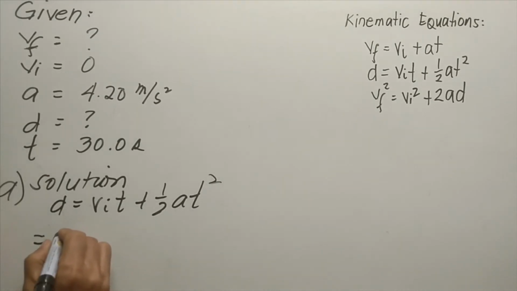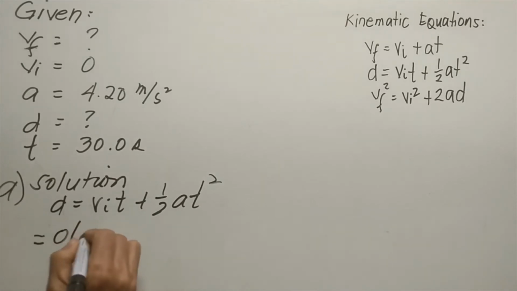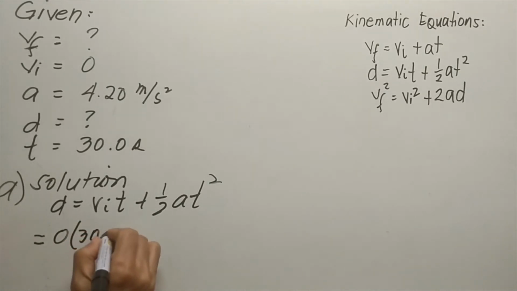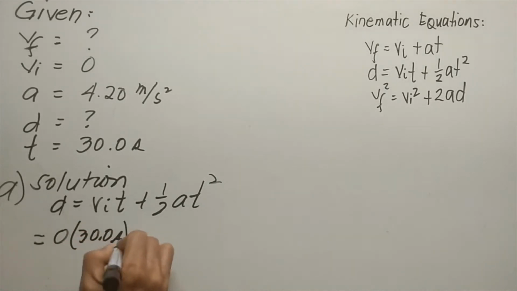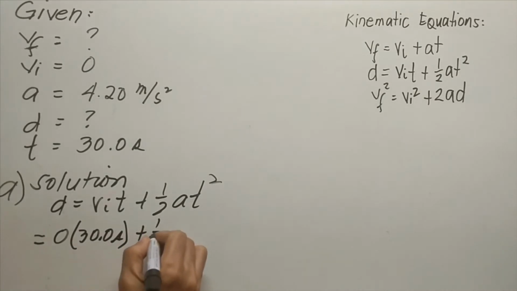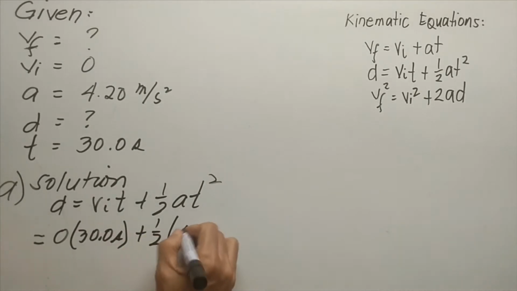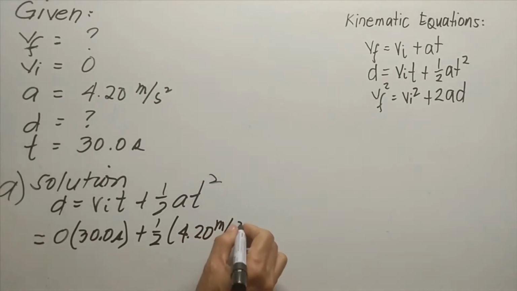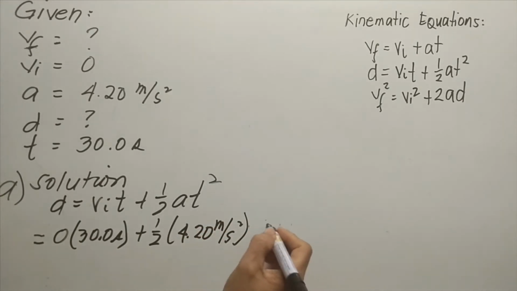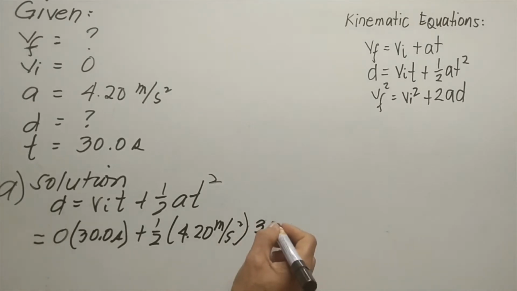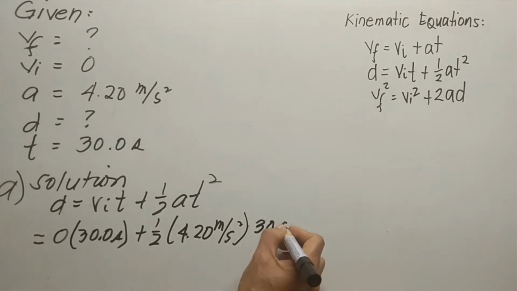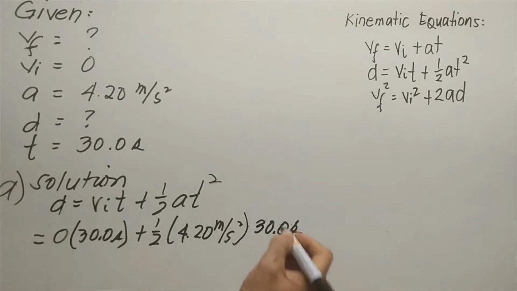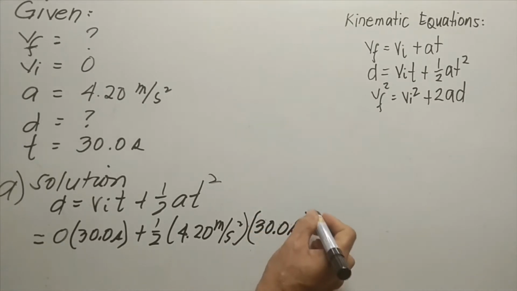So this will be 0 times 30.0 seconds plus 1/2 times 4.20 meter per second squared times 30.0 seconds, this will be squared.